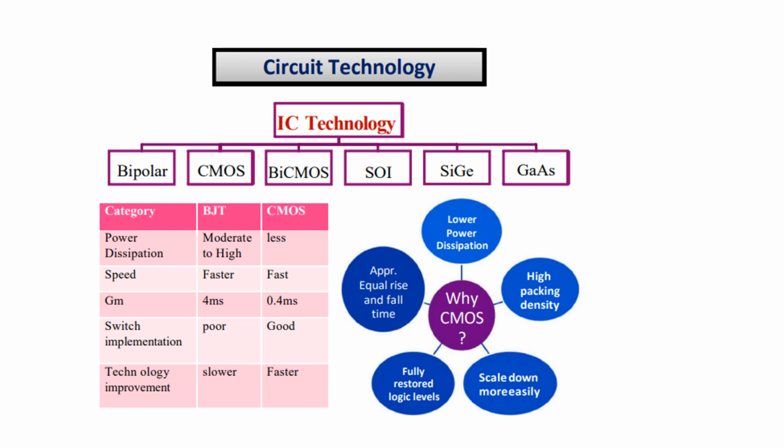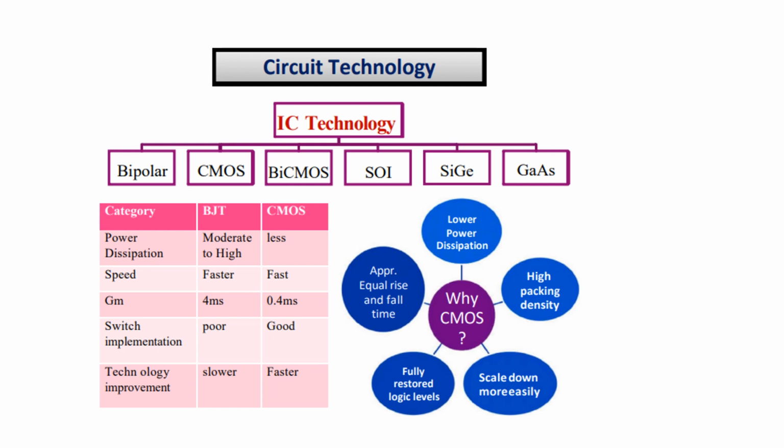This table shows the different parameters that are advantageous with respect to the BJT and the CMOS. The first is power dissipation. With the BJT, the power dissipation is moderate to high, and with CMOS, it is less. Speed is fast for BJT and faster for CMOS.